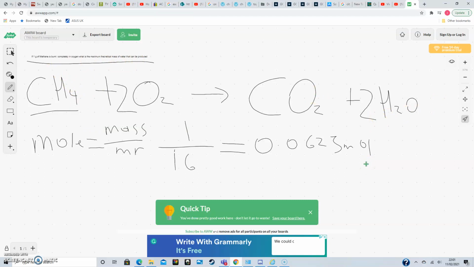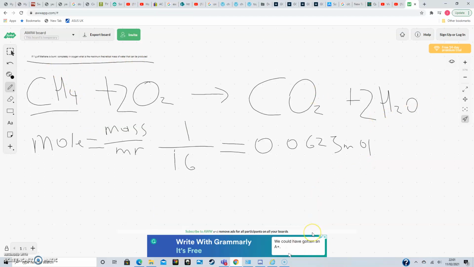Now, for this, we need to look at the ratio. Essentially, there's an invisible 1 here, and there's an invisible 1 here as well. We're only going to be looking at this and this. So the ratio is 1 to 2, because there's a 1 here and there's a 2 here. If it was 1 to 3, it'd be a 1 to 3 ratio.